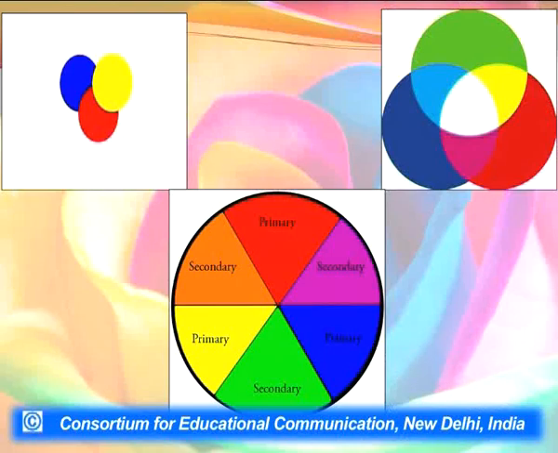So come to the color wheel. There are 3 primary colors, blue, red and yellow.